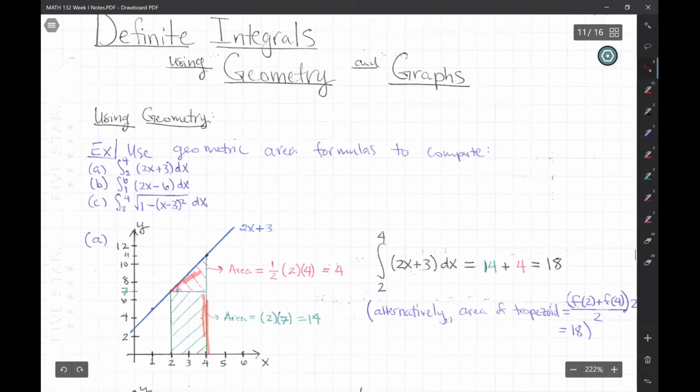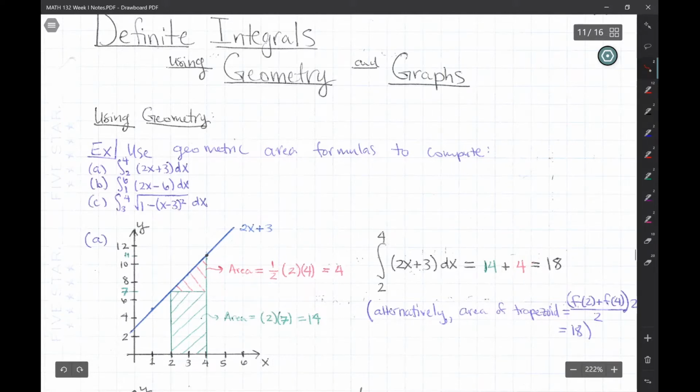The area of this red region, this triangle here, we're going to use 1/2 base times height. It's a right triangle, so we'll use the formula 1/2 times the base, which is 2, times the height, which is 4, and we get an area of 4 for that red region. And so the definite integral there will be 14 plus 4, 18.